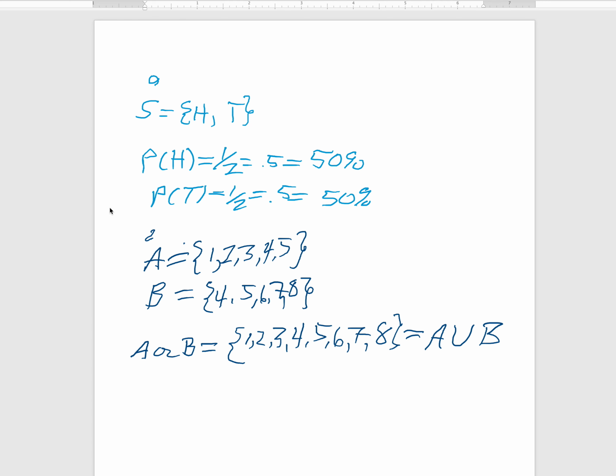So this has 5 elements, this has 5 elements, and the result has 8 elements, which means there were 2 that they shared in common. The number of elements in A is 5. The number of elements in B equals 5. The number of elements in A union B, or A or B, is 8.